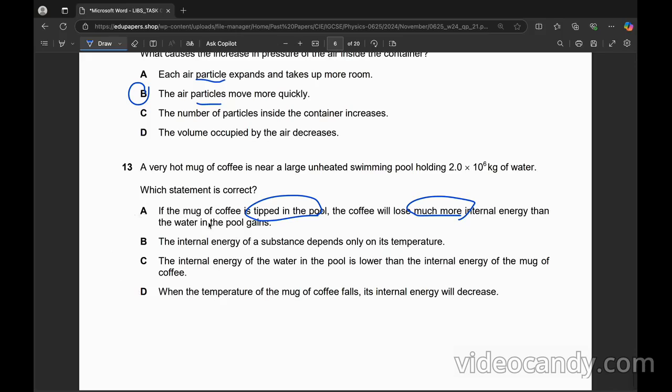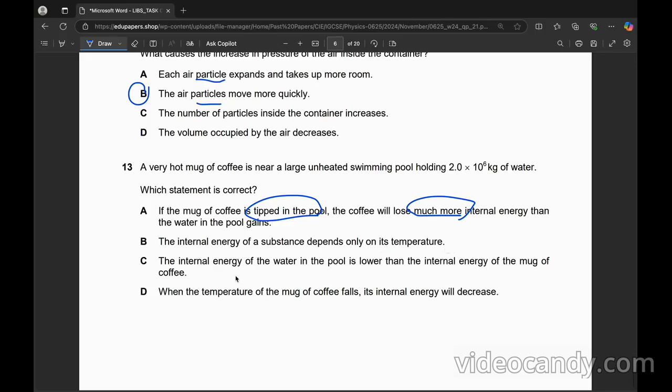So the idea is that you give something like internal energy or heat energy, then the recipient should receive most of it. So number B, the internal energy of a substance depends only on its temperature. Now this is not true. The internal energy by definition is the total of potential energy and kinetic energy, so not really the temperature.